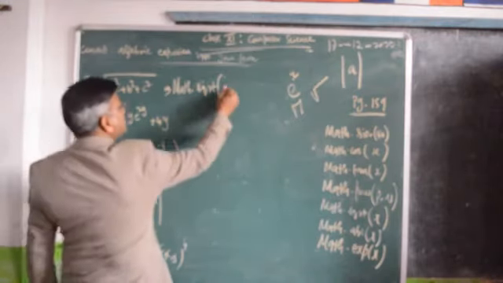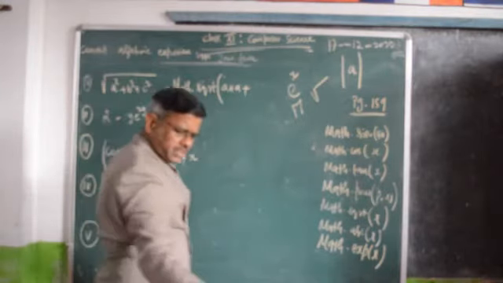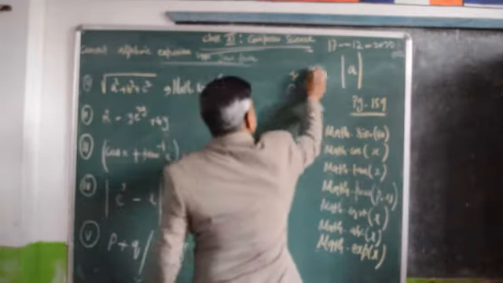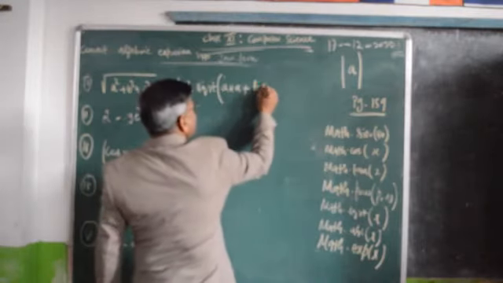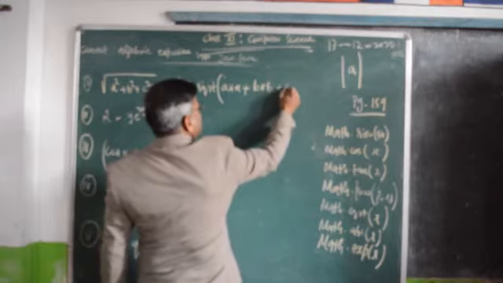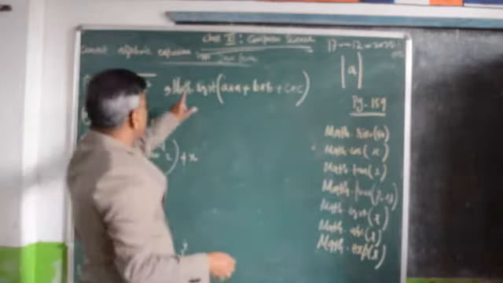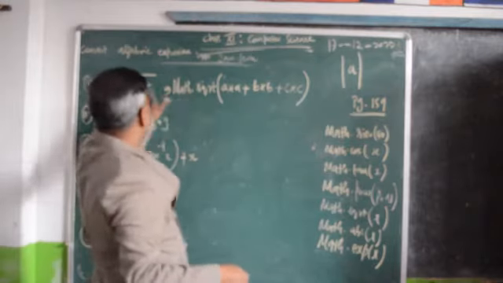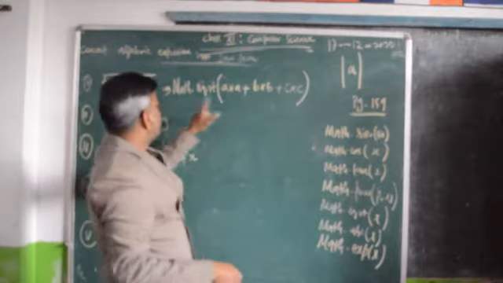A into A plus B into B plus C into C. Boys and girls, have a look. Math dot sqrt, because the whole lot is under it. A into A is A square plus B into B is B square plus C into C is C square.